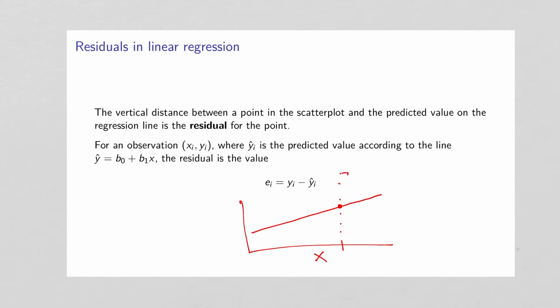So the distance between here and here is one residual, here and here is another, and so on. These are the residuals, and we expect these residuals to be normally distributed.